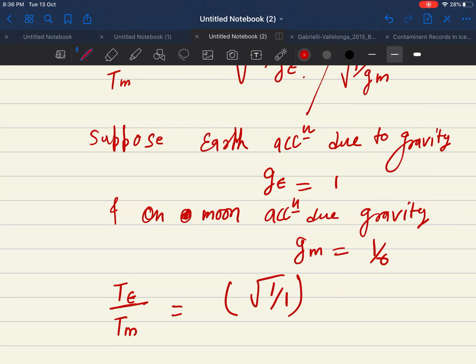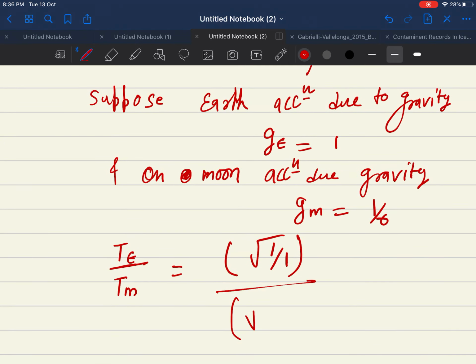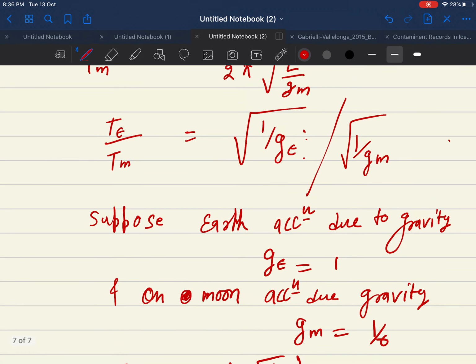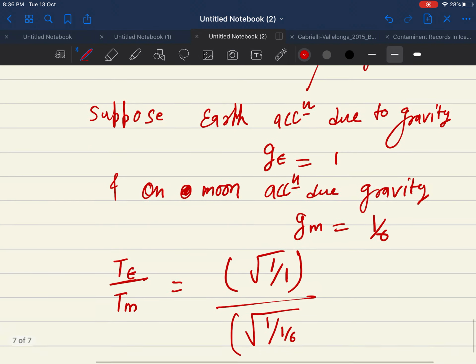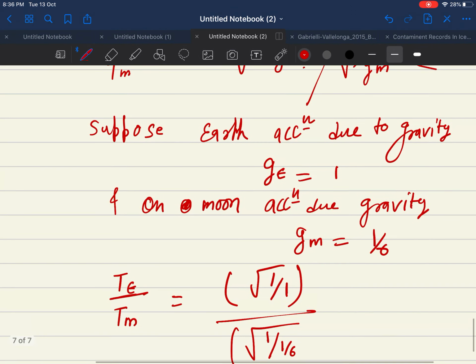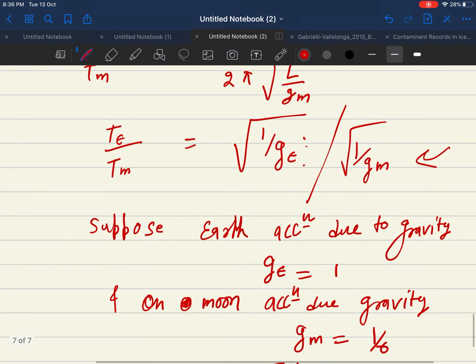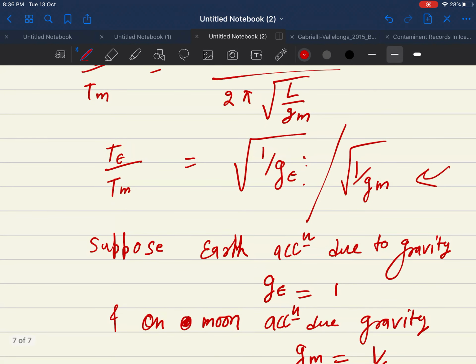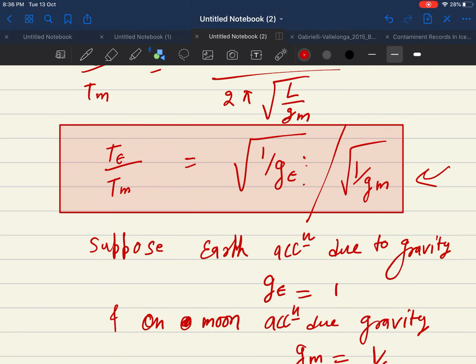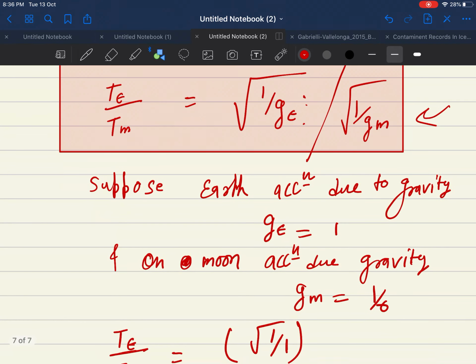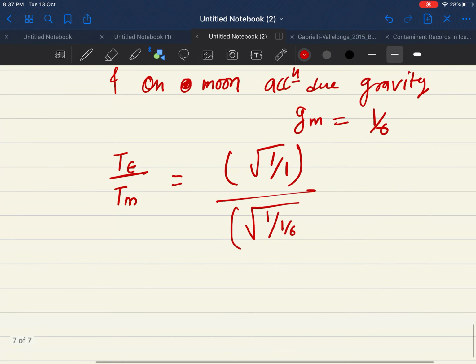I can write 1 by 6 because this gM is 1 by 6. What I am doing is just writing the gM value. Now substituting the values of gM and gE in this equation, over here it becomes 1 and over here it becomes 1 by 6.